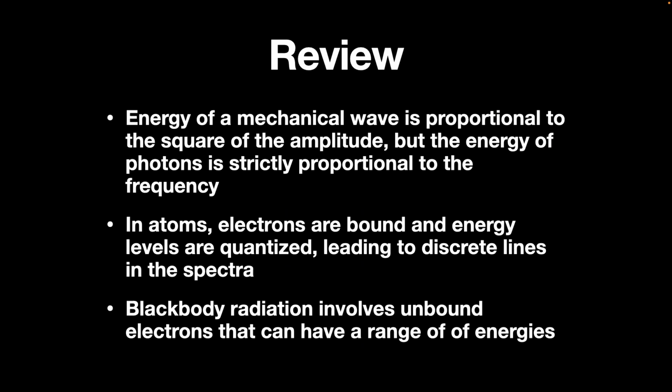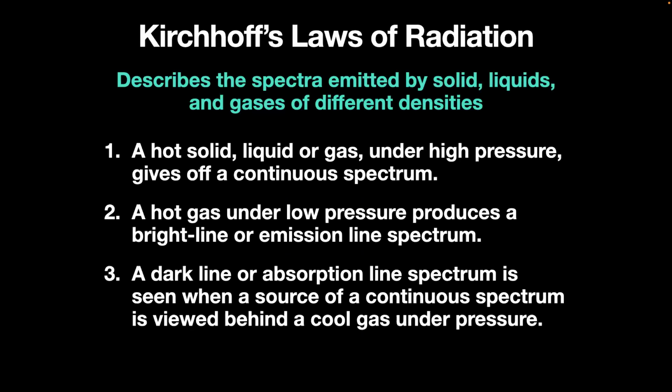And we can talk about these a little more formally with Kirchhoff's laws of radiation. These describe the spectra emitted by solids, liquids, and gases of different densities. A solid, liquid, or dense gas will radiate at all wavelengths and give off a continuous spectra.